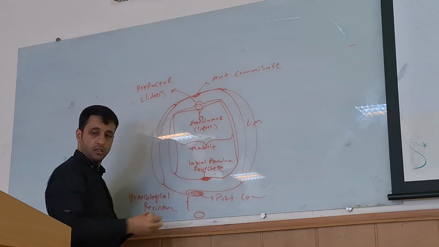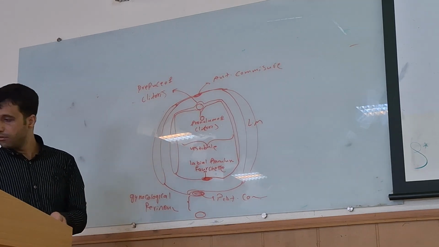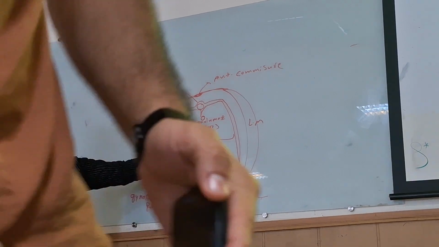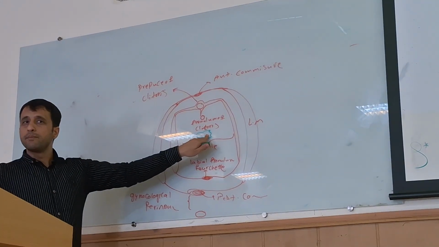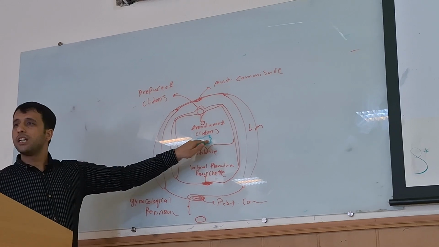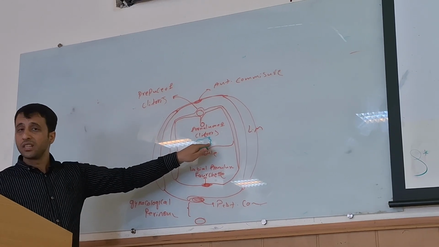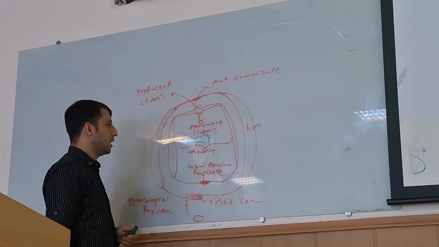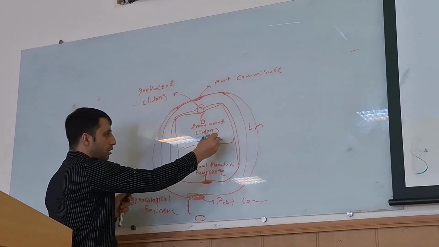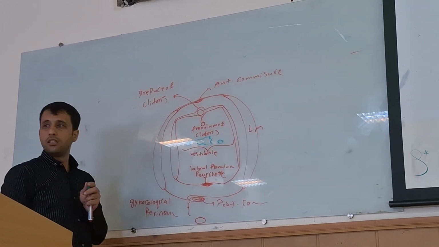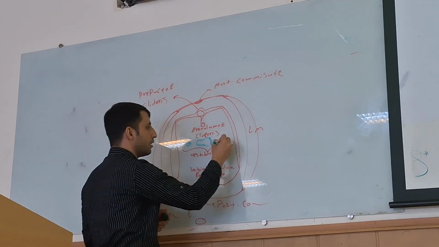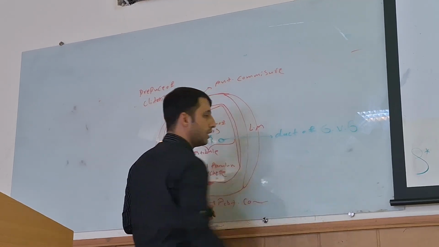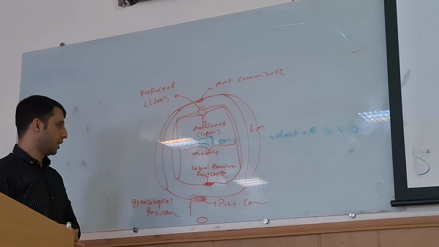After the external urethral orifice, the vagina is here, which in this area is covered by a mucosal membrane named the hymen. Lateral to the vagina, we have the ducts of the greater vestibular gland, which are located in this area.